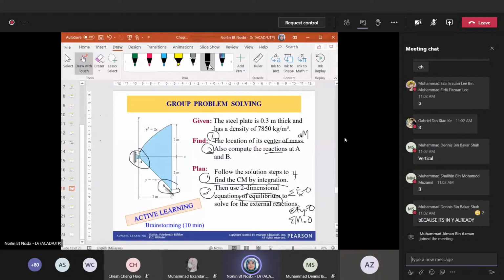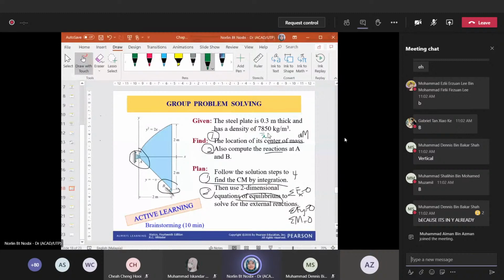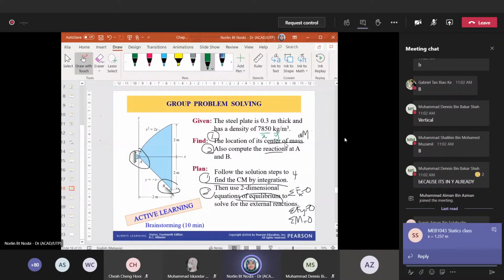This one you need to find the x bar and y bar. What is the value for x bar and y bar?